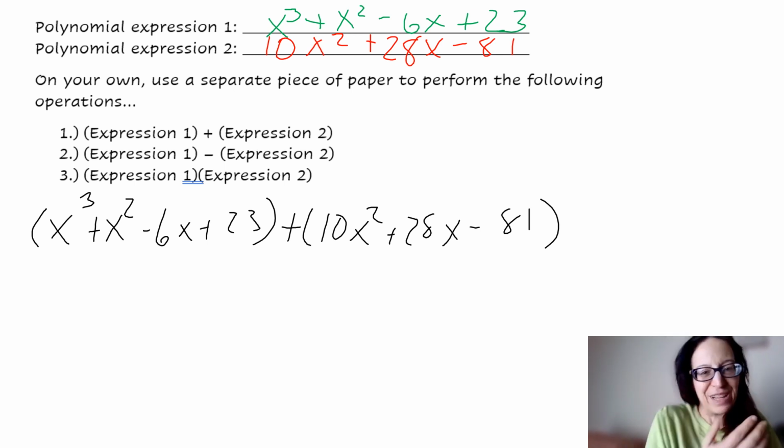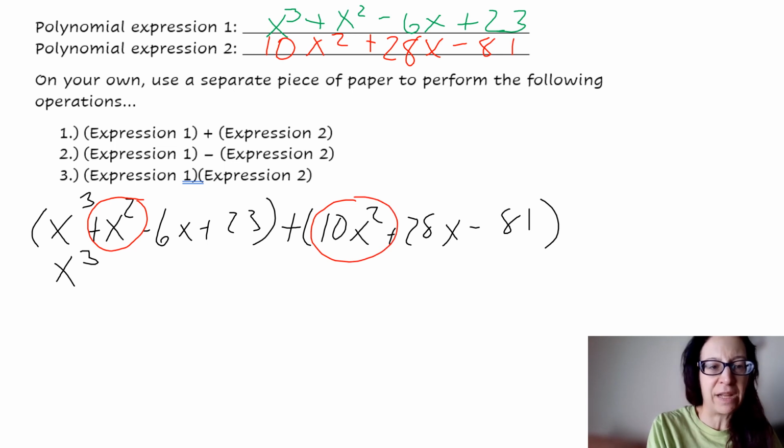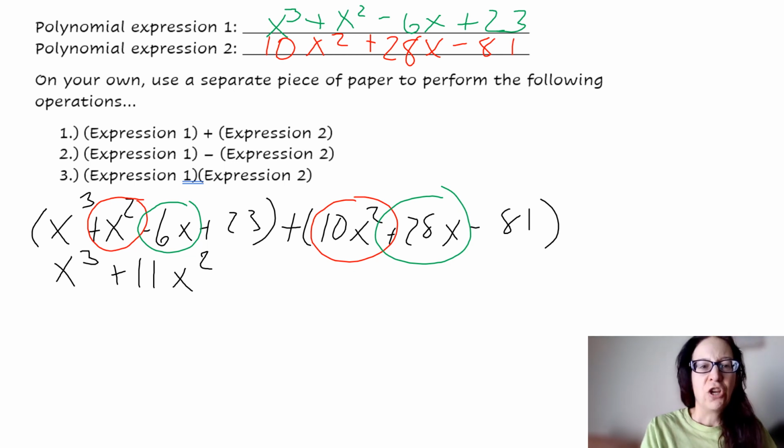Just because that's me. Now, looking at this, we should be able to see that there's an x to the third, but there's no other x to the third. So the x to the third just comes down as is. Now, when it comes to the x squareds, I have positive x squared plus 10x squared, which is going to give me 11x squared. I have negative 6x plus 28x.